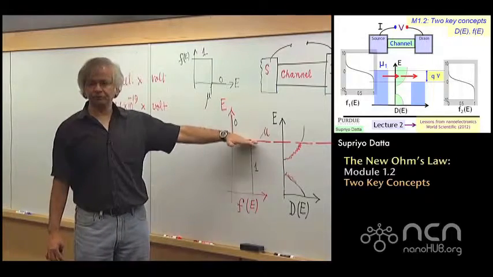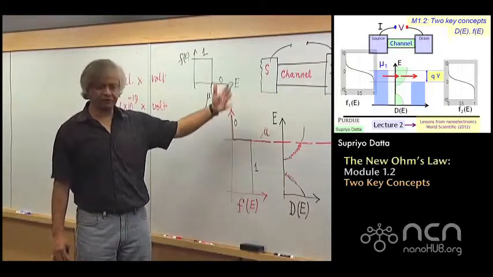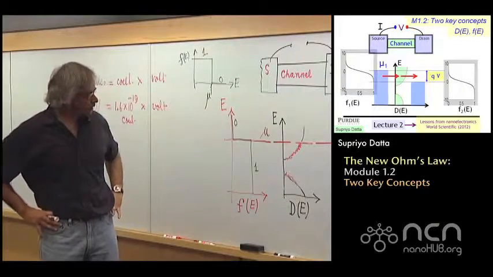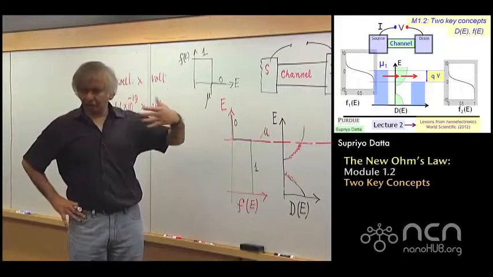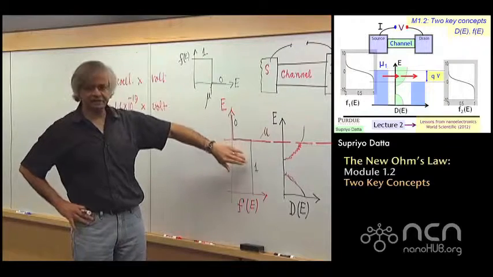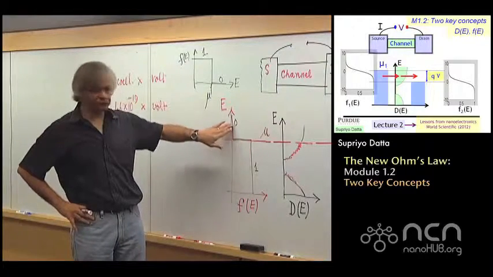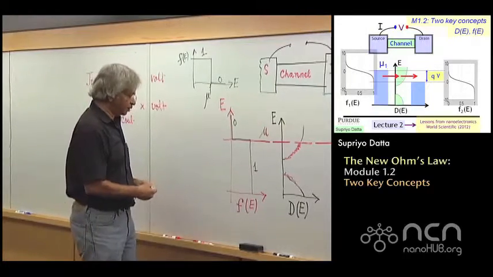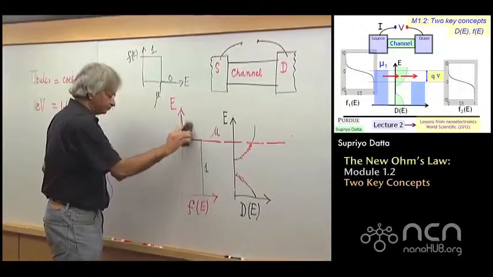That's when everything up to mu is precisely filled, everything above mu is empty. Now, at non-zero temperatures, this boundary is somewhat diffuse. That is, what happens is the picture looks something like this.